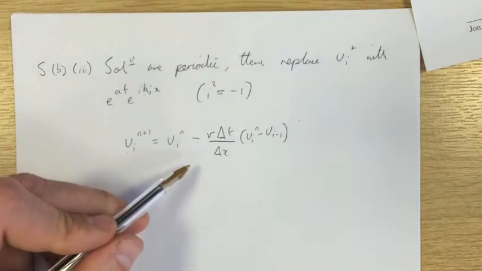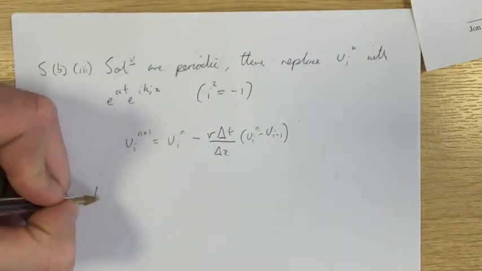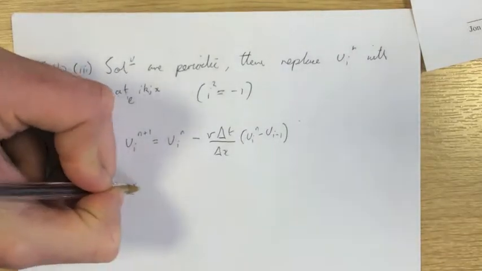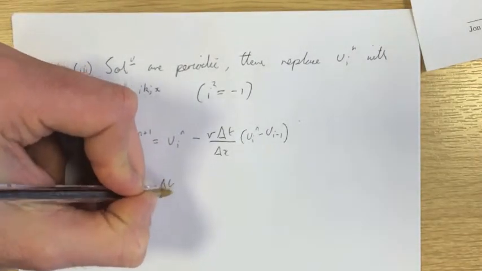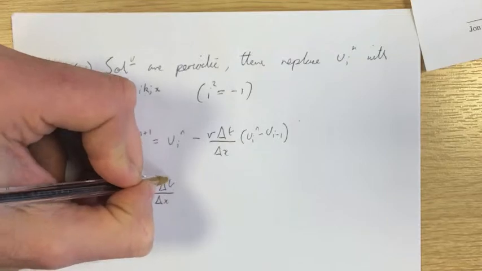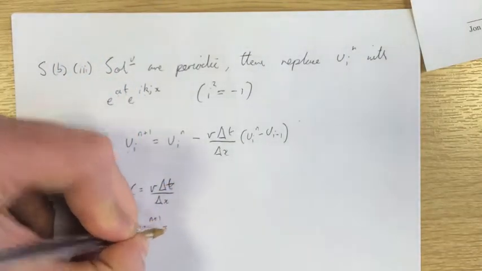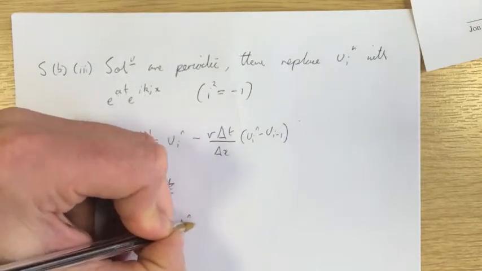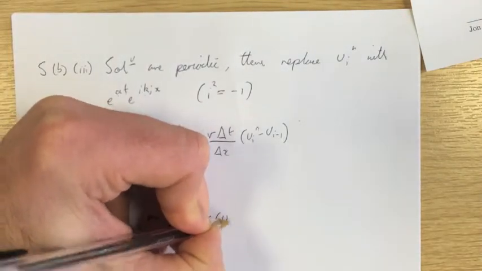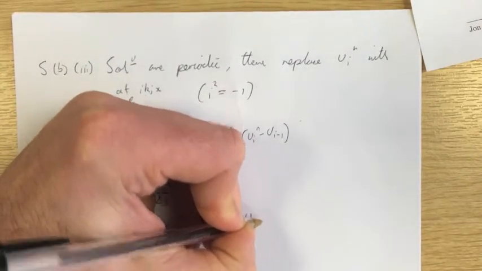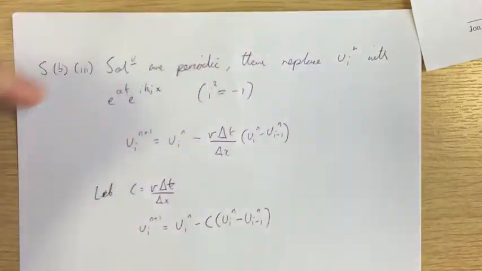Okay, so what I'm going to do is let c equal v dt over dx. Then our scheme is equal to u_i^n minus c times (u_i^n minus u_{i-1}^n).